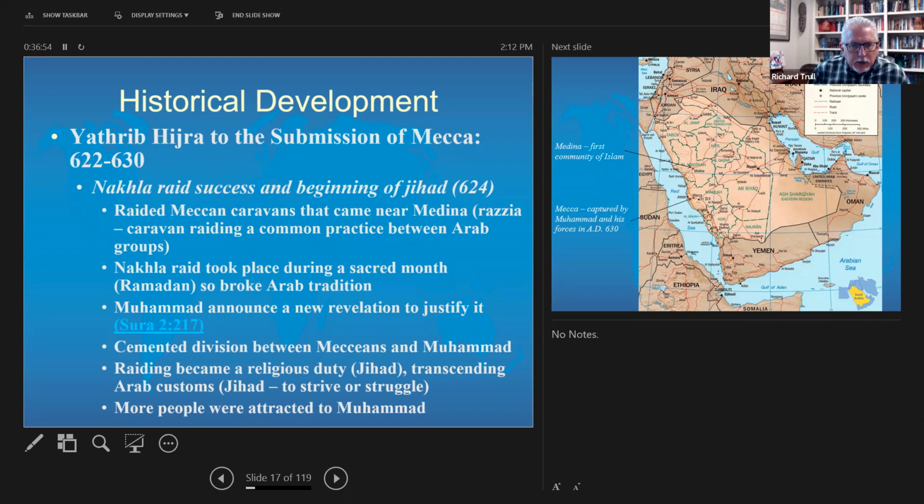And so the Muslims in Medina were raiding the caravans from Mecca whenever they came near Medina. And so the Nakhla raid took place during the sacred month, which was a break with the normal traditions.